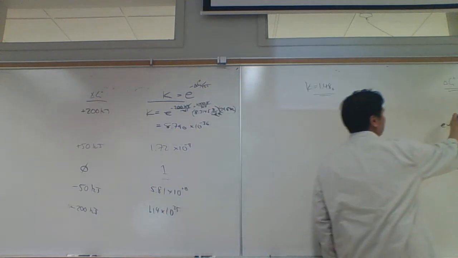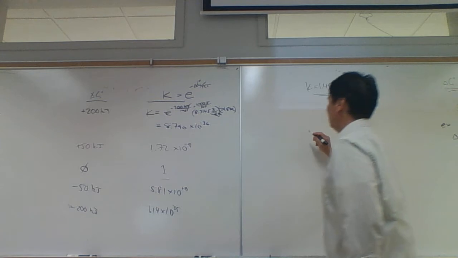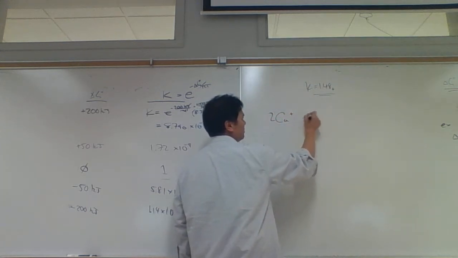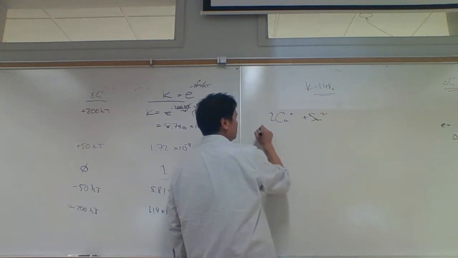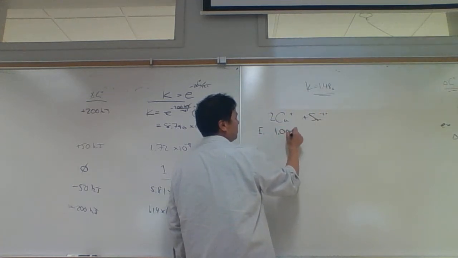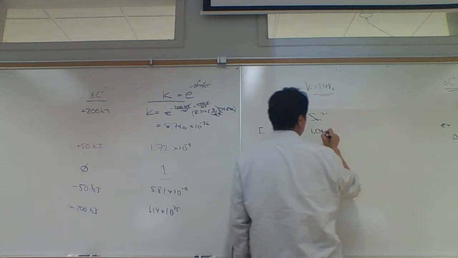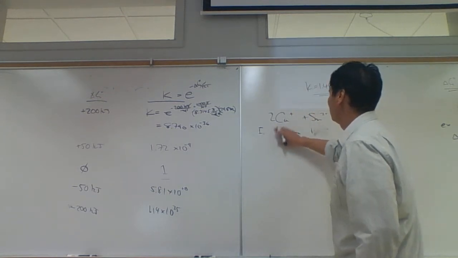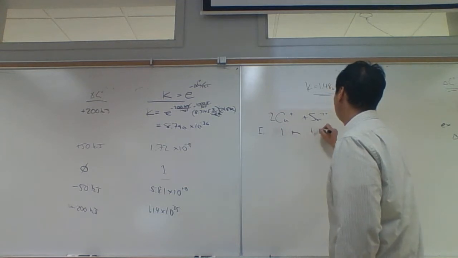The way I visualize something like this is, if I'm looking at my 2 copper pluses plus a tin 2, and I want to do this under standard conditions, this is going to be 1 molar, 1 molar.